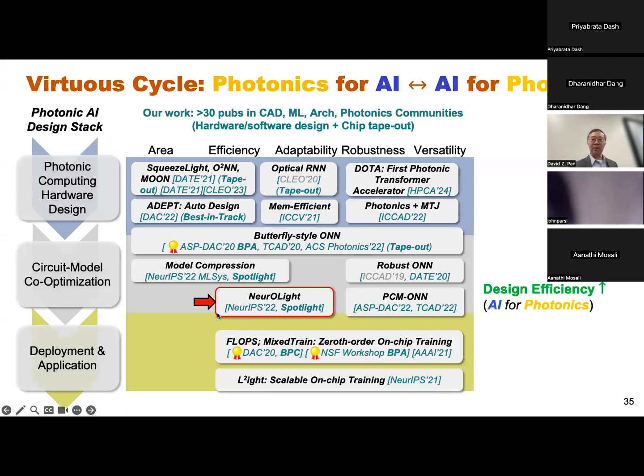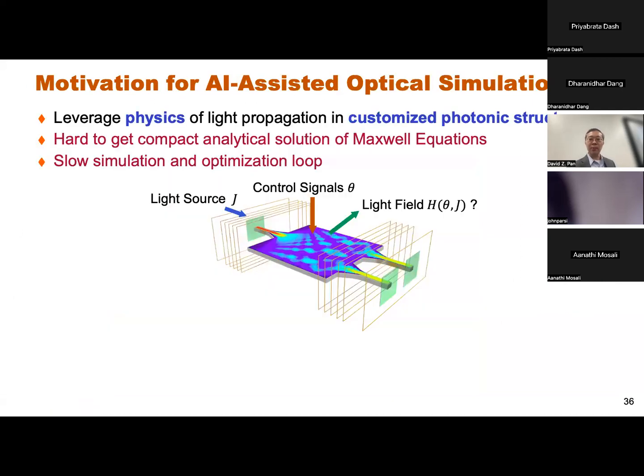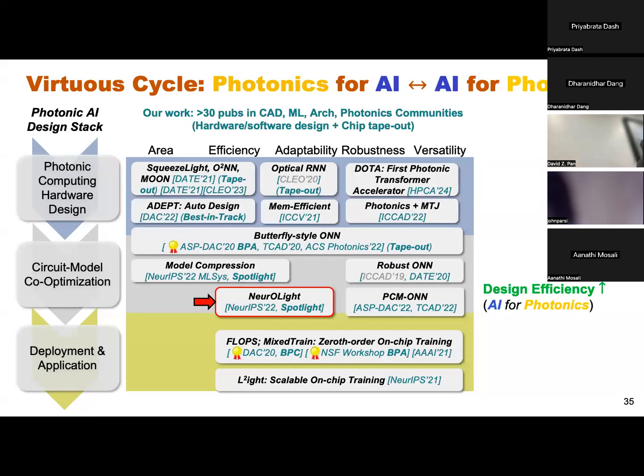But this is a work, NeurOLight, a paper that we published at last year's NeurIPS. It's a spotlight paper. At that time we didn't have this terminology, but it turns out to be what you probably heard about as AI for science, a very hot topic now. So what is AI for science? It is using AI to help you solve some really hard scientific problems, for example, Maxwell equations or Navier-Stokes equations.